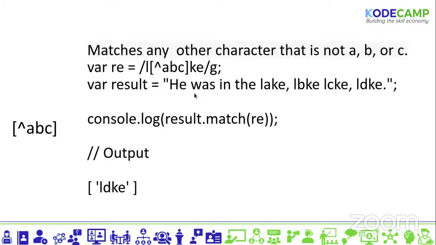So if we test that against this string, what we would have as output is LDKE, because for LAKE, we are saying A should not be in between L and K, B should not be, C should not be, but any other thing apart from A, B, and C can be in between L and K, and that is what we want to test for. So that's why the LDKE is being returned here.